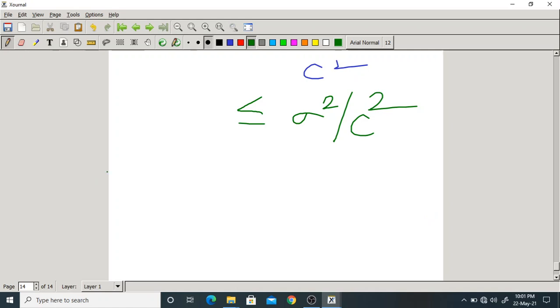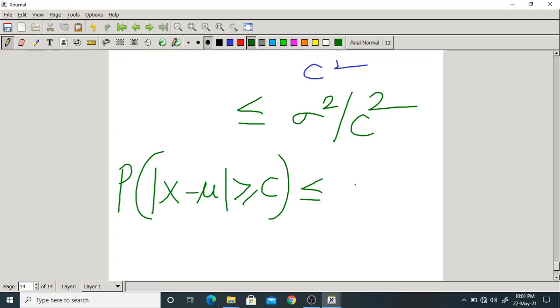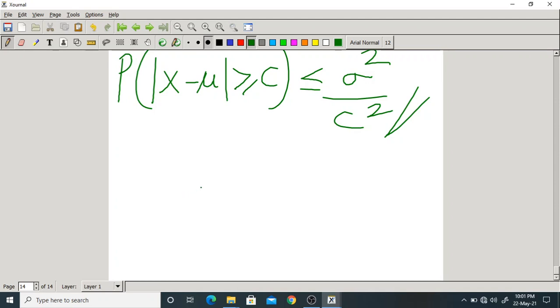So it is true for all values, that's why probability that mod x minus mu greater than or equal to some c is less than or equal to sigma square by c square. This is the Chebyshev inequality. Suppose there is another way of writing, c equal to k into sigma, then what happens?